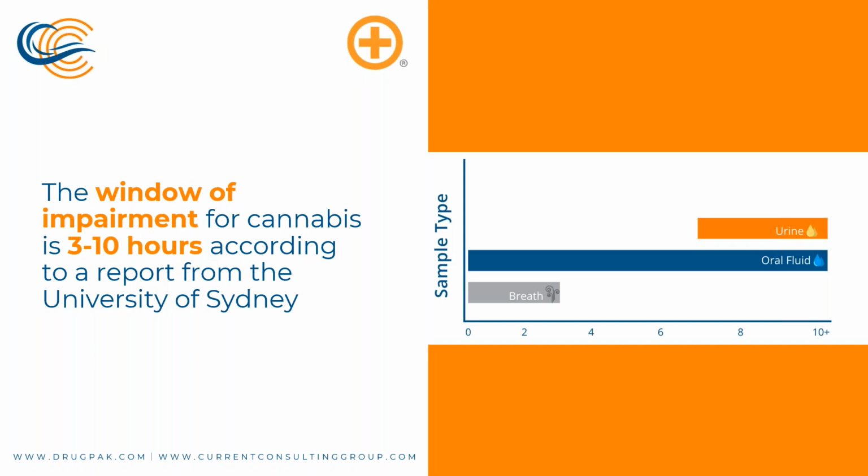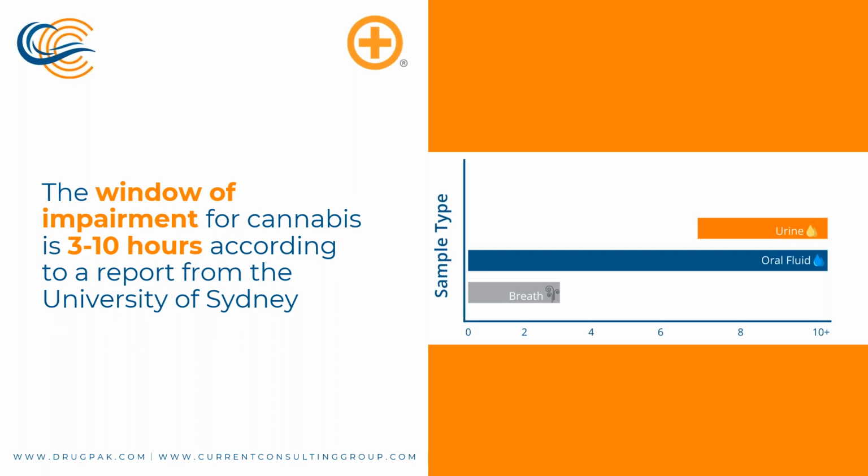So the window of impairment for cannabis, as we talked about, was 3 to 10 hours. So if that's important to you, you want a drug testing method that is capable of detecting THC, in this case cannabis, for that entire 3 to 10 hours, from the moment that somebody used the drug.